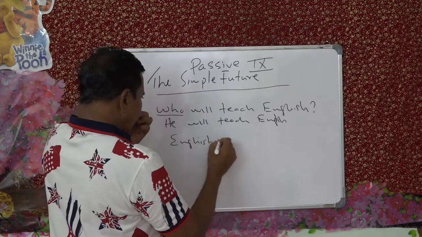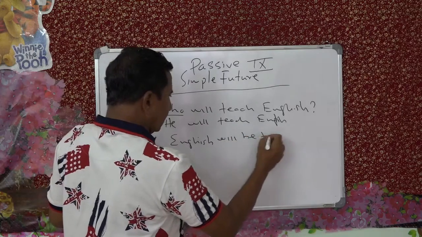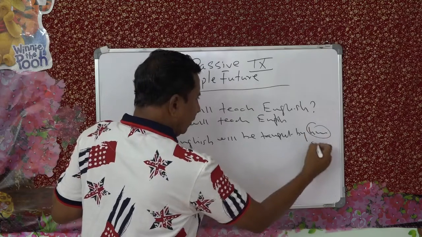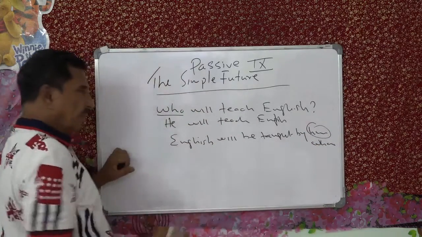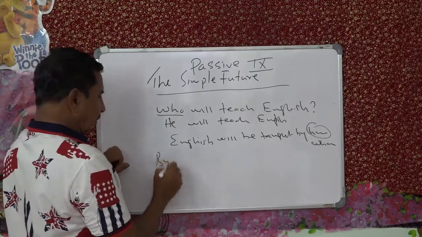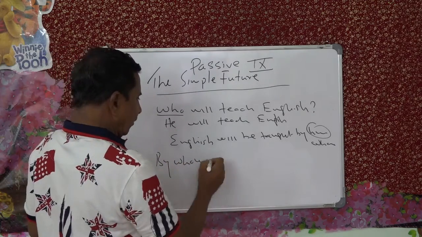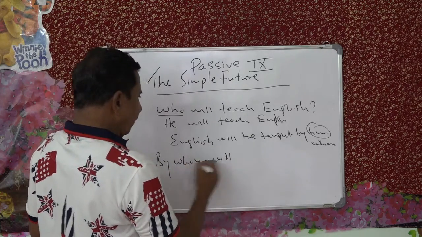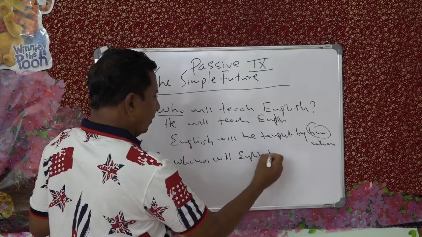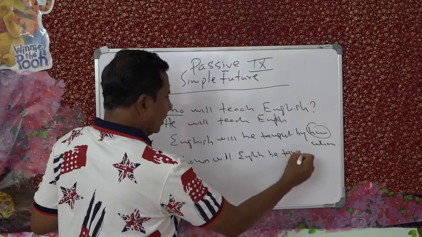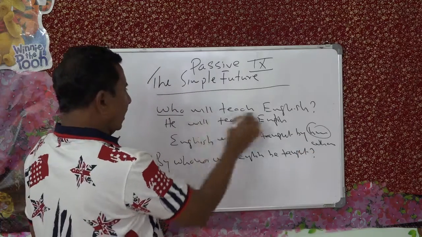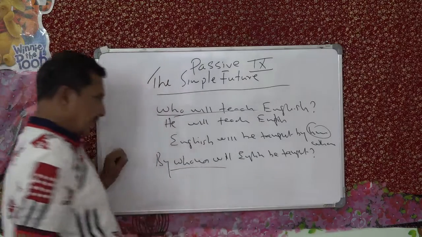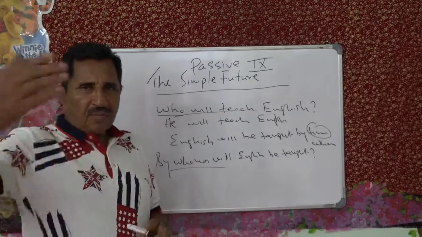English will be taught by him, and him is whom, you know. So you bring this in the beginning, by whom, then the first part of the verb: by whom will English be taught? So this is the question sentence, and this is the answer sentence. That's also clear. We are following the same pattern.